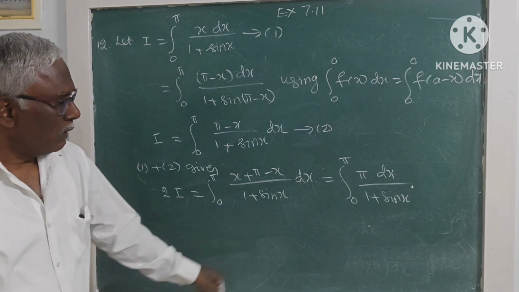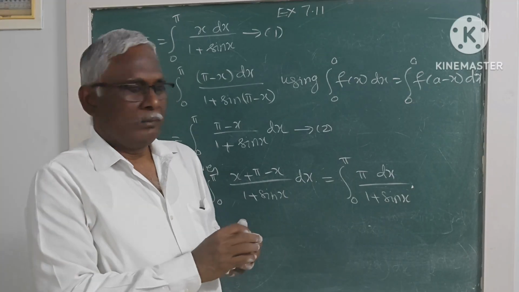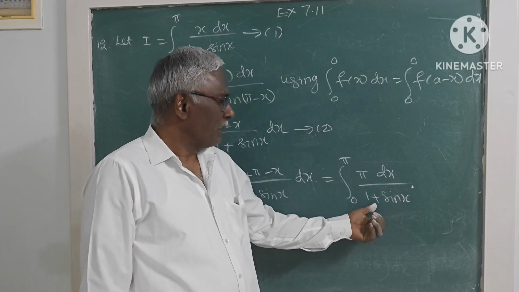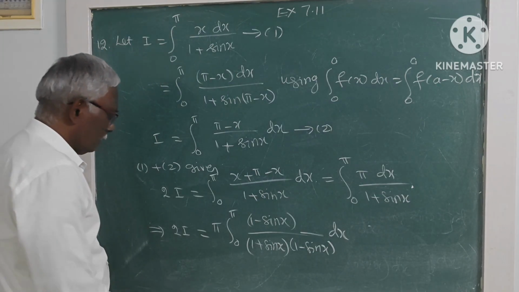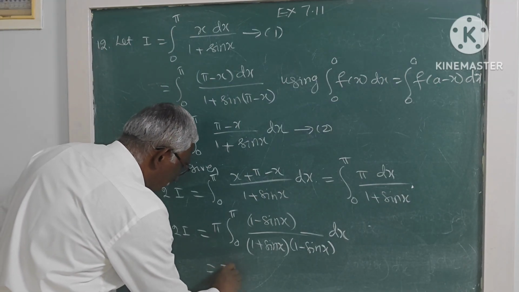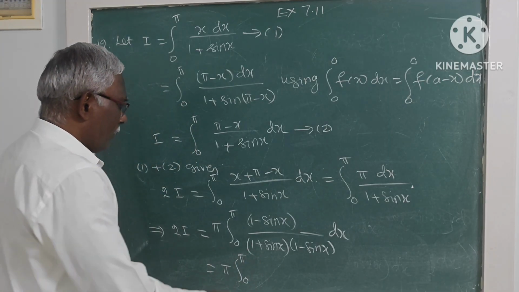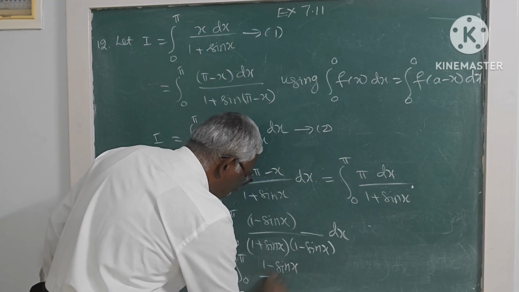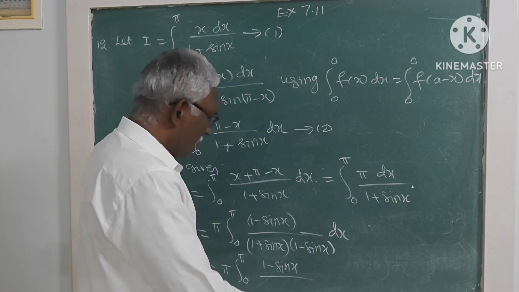Now how to evaluate integral dx by 1 plus sin x? It's simple. You have to multiply numerator and the denominator by 1 minus sin x. Pi into integral 0 to pi, 1 minus sin x by 1 minus sin square x, that becomes cos square x.